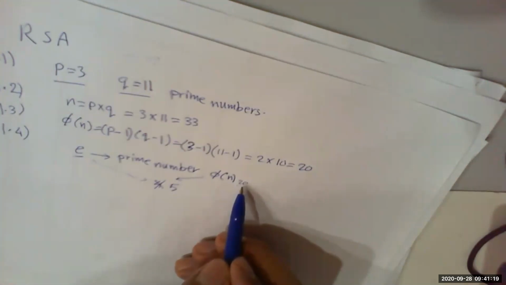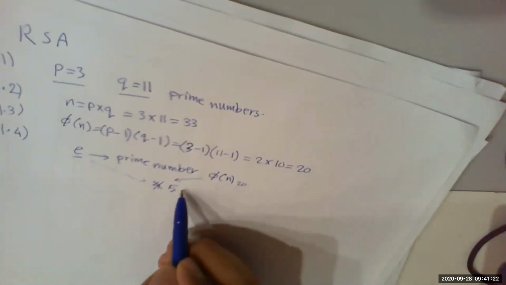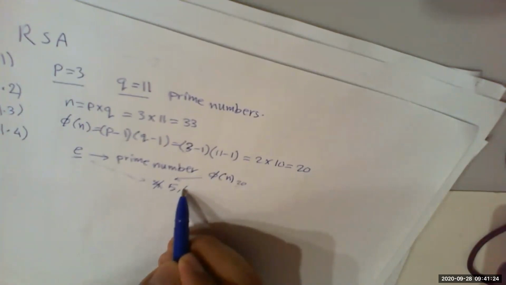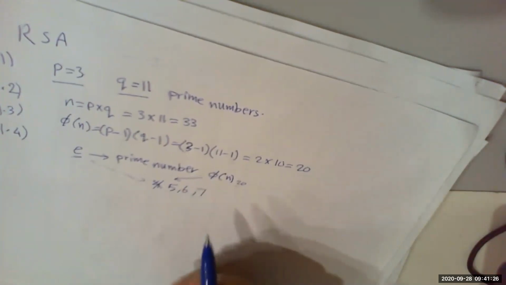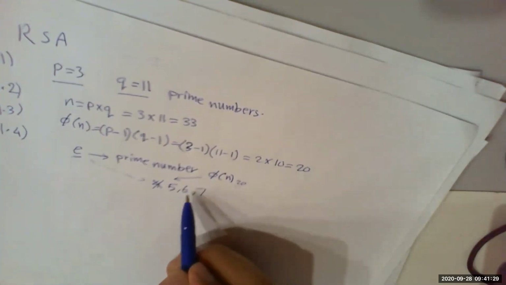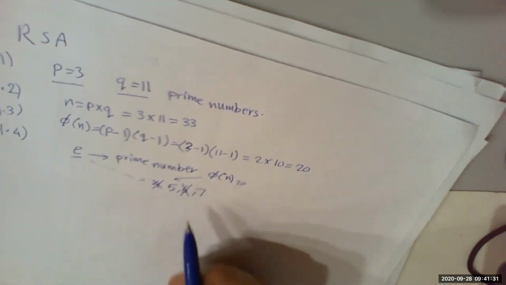Okay. What about 6? We can select 7. But 6 is not a prime number, so it's not working.